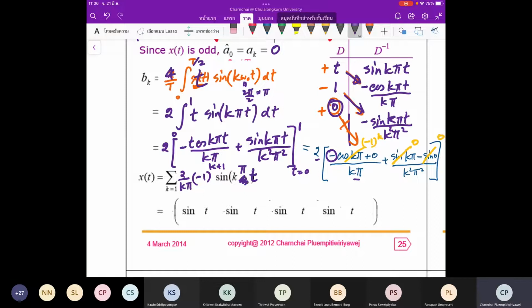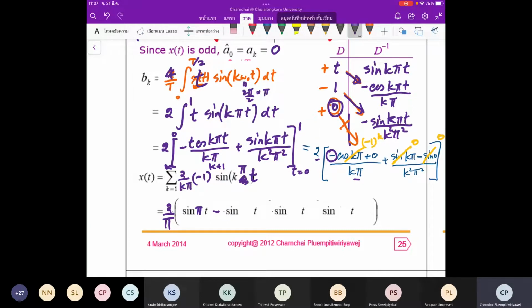And we expand a few terms. We can factor out the 2 over pi, and so we get 1 over k, k from 1 to infinity. For k equal to 1, negative 1 to the 2 is 1, so we get sine pi t. Then minus, 1 over 2 sine 2 pi t, since when k is 2 we get negative 1.